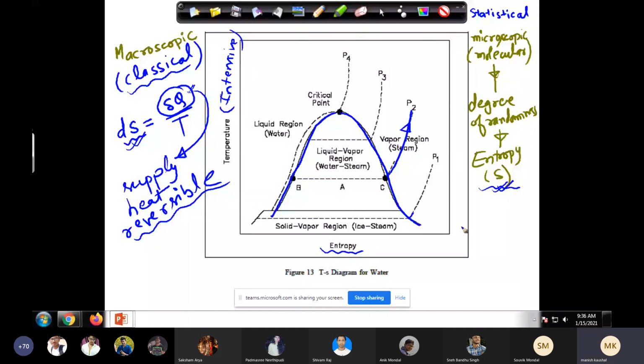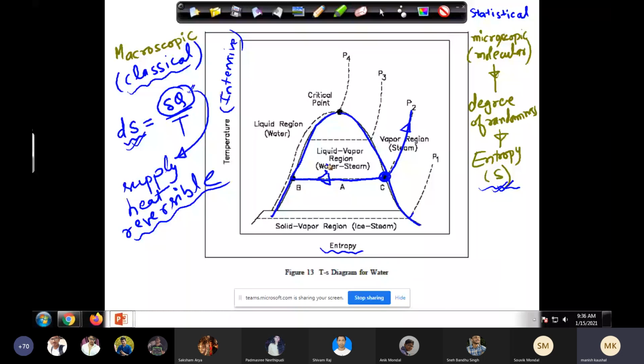What is important to note here is that when the phase change starts taking place, it's an isobar, so pressure is constant, and temperature will not change either. You know that during phase change, pressure and temperature don't change. What changes is the volume, and entropy is also changing. When you go toward the liquid side, your degree of randomness decreases, and that's why entropy decreases.